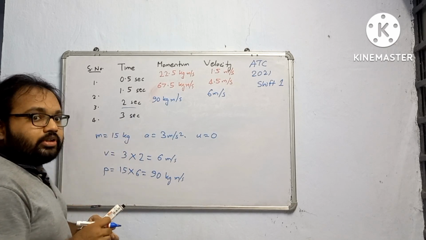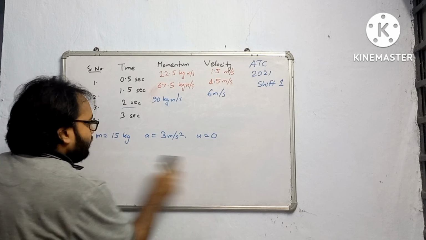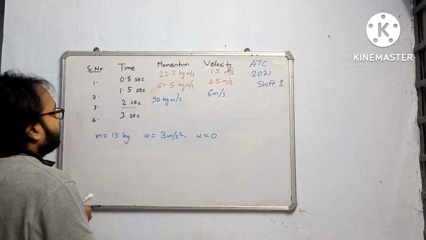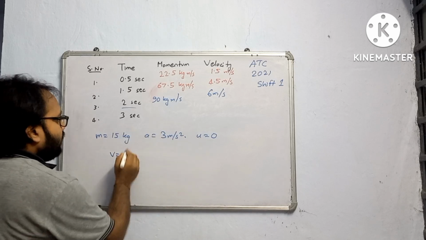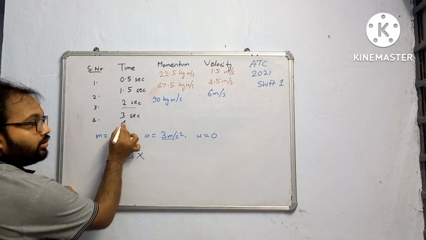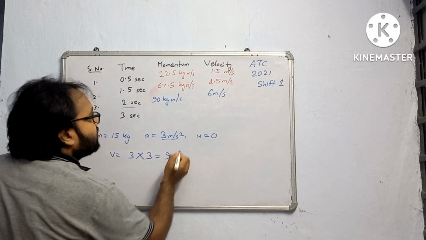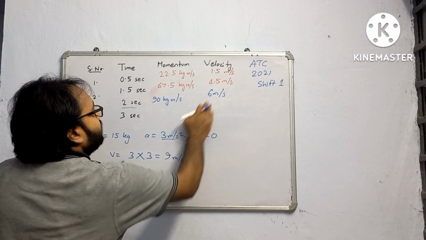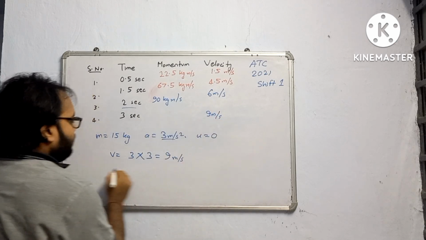Now for time 3 second, when 3 seconds have elapsed, V is equal to AT as U is 0. A into T, 3 3s are 9 meter per second.